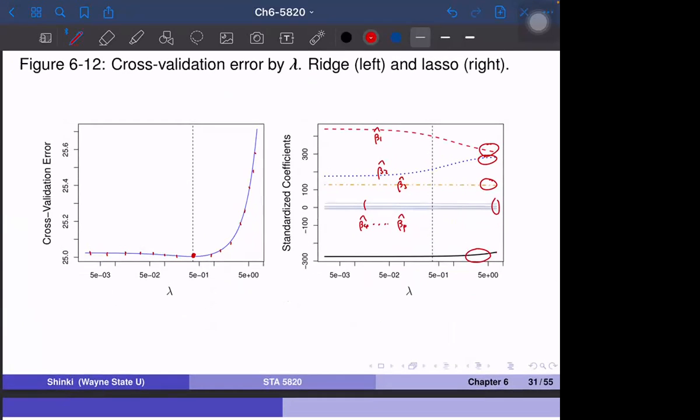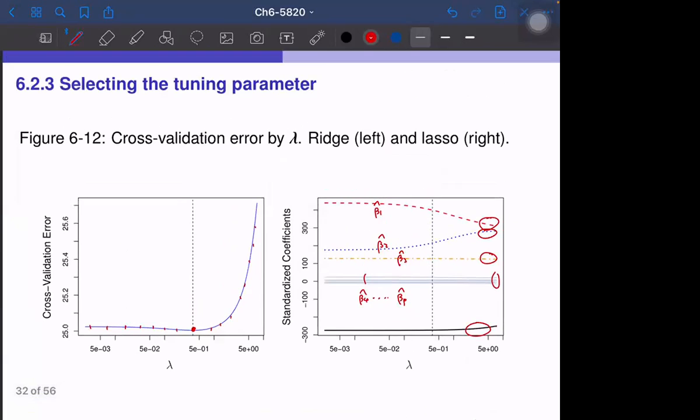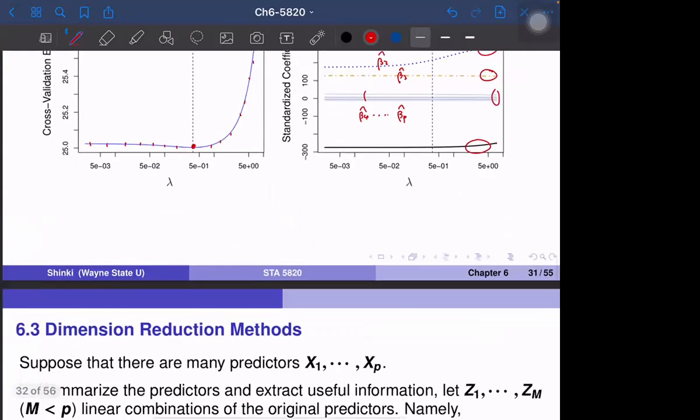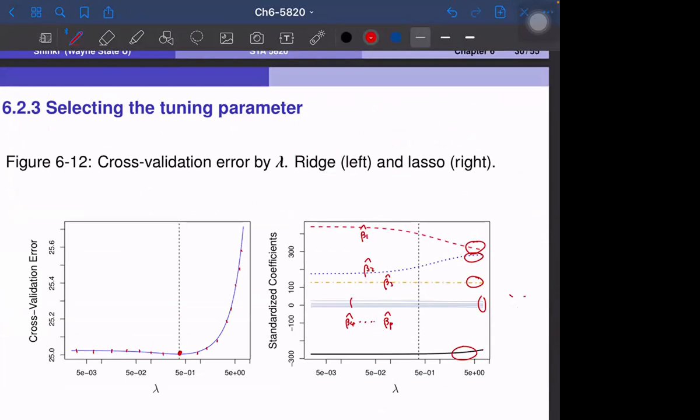And this is for what? I'm not sure. This is for ridge regression and Lasso, but it sounds like this is just one model, so this is probably ridge regression. I think we should have 2 more graphs.